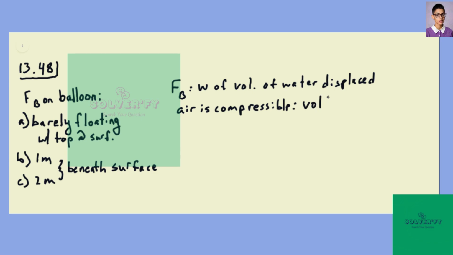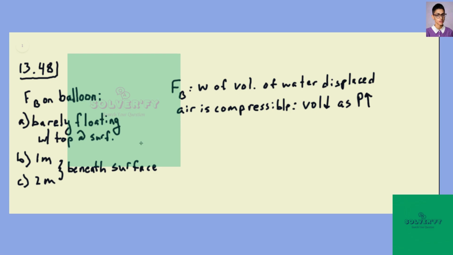So its volume is going to decrease as the pressure increases, and the pressure in the water increases with depth. So C here is going to have less volume than B, which is going to have less volume than A.